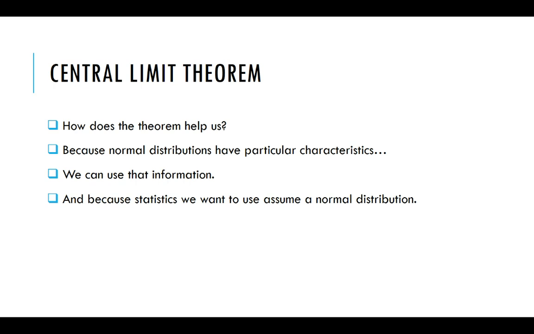Well, I have a normal distribution under these circumstances, so yay, now I can use these statistics. For example, if we want to run significance tests, that assumes a normal distribution. And so when I check that box, in other words, I can now validly run significance tests.